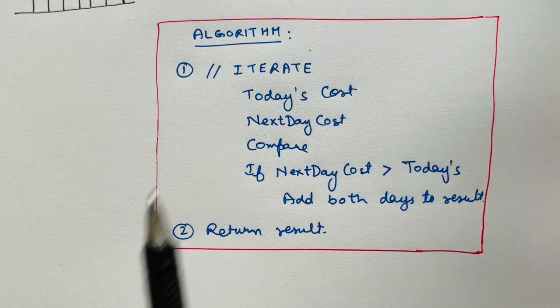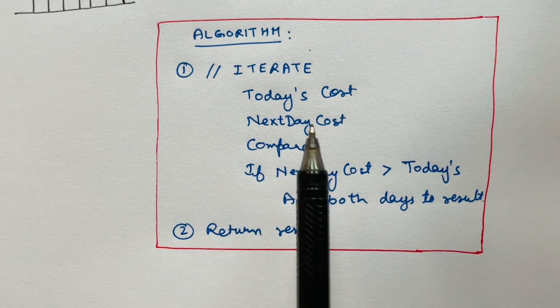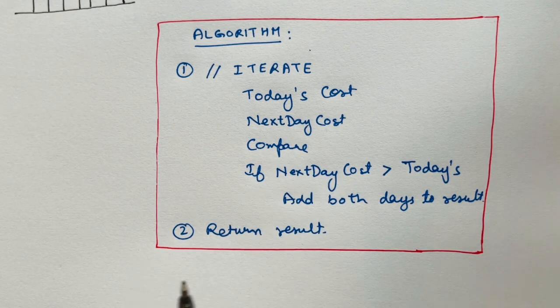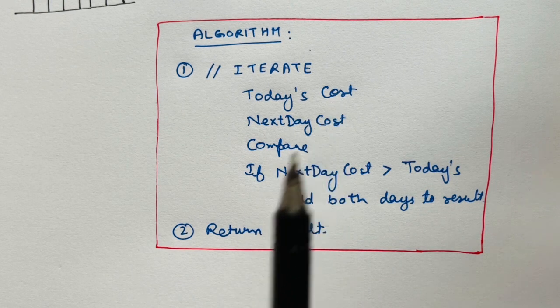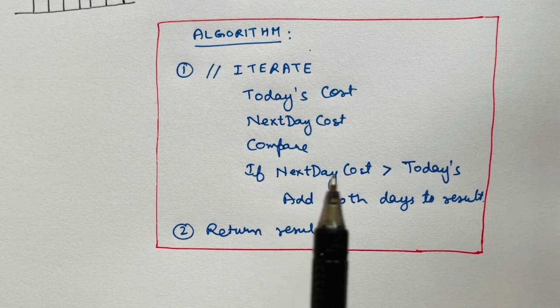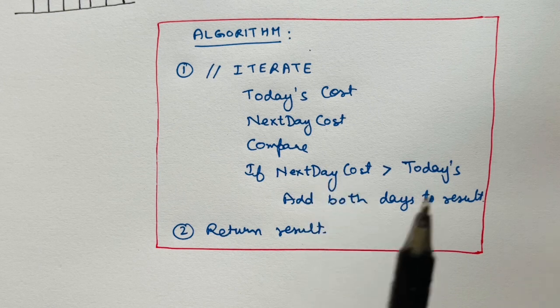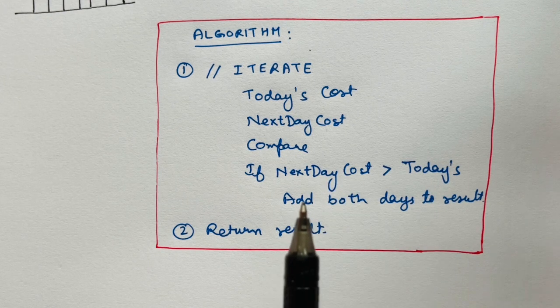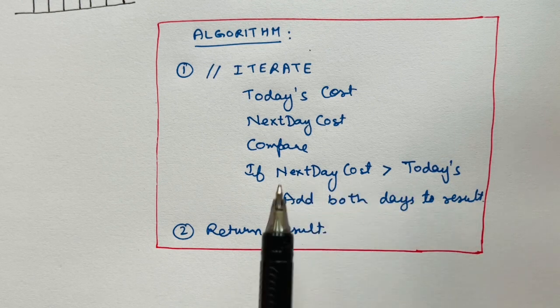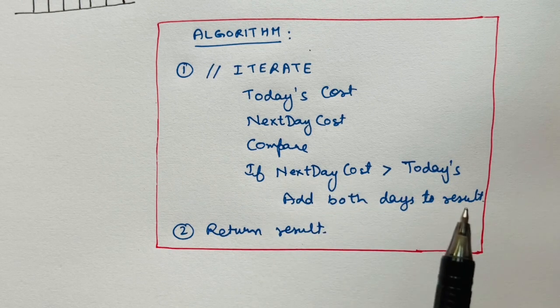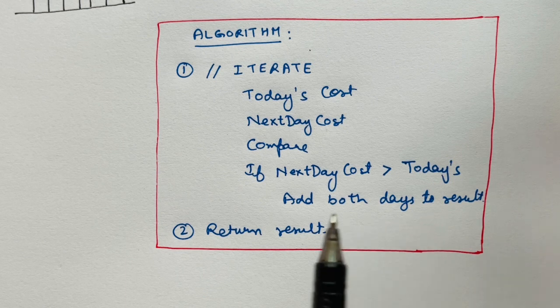We are definitely going to iterate, and in every iteration we will have today's cost and we will know the next day's cost. We will compare the two, and if the cost on next day is greater than today, then we know that we have to buy today and sell on the next day. So we will add both of these days to our result. Result will be something that we will be maintaining from beginning, and later we will return the result.